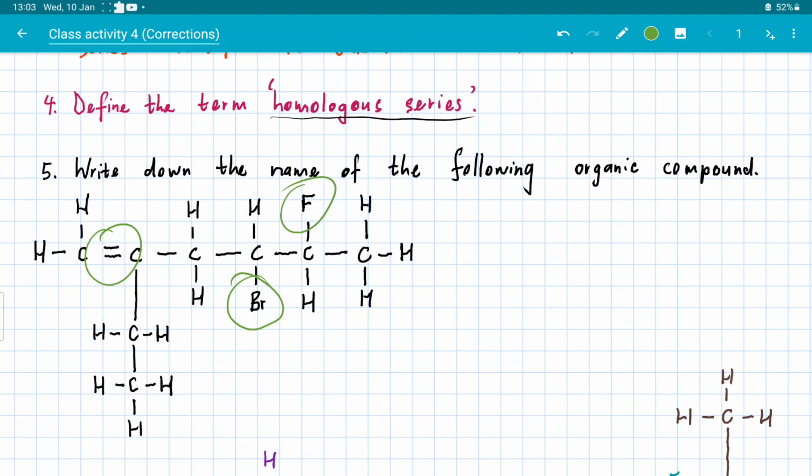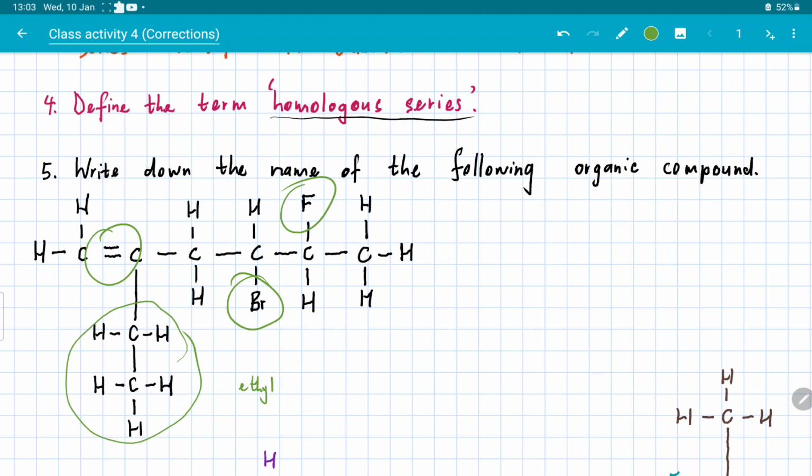Then rule 3 says number such that the functional group in this case must occupy the lowest number possible. Then rule 4, if there is a branch, it must end in yl. So our branch here is an ethyl.